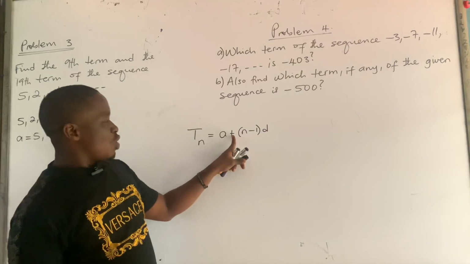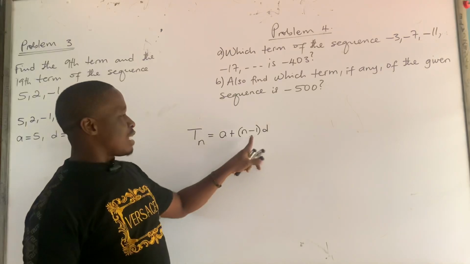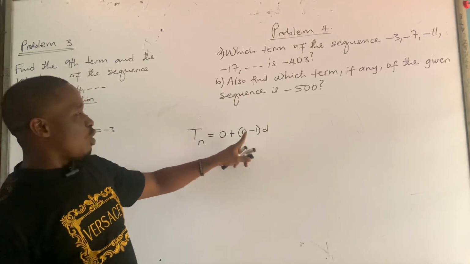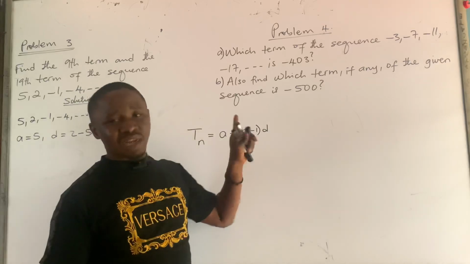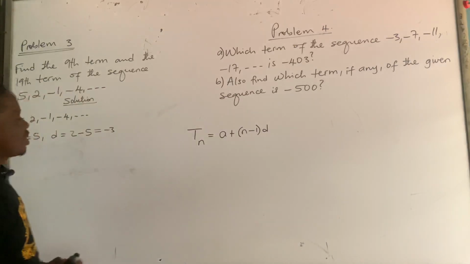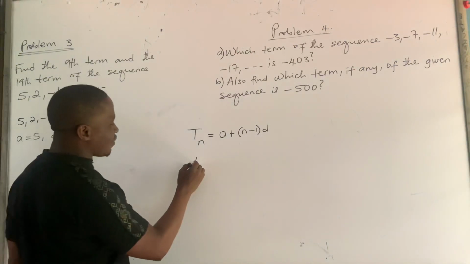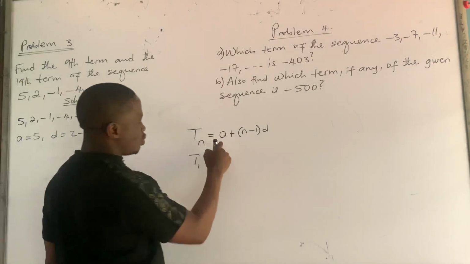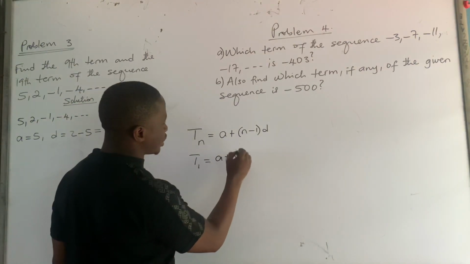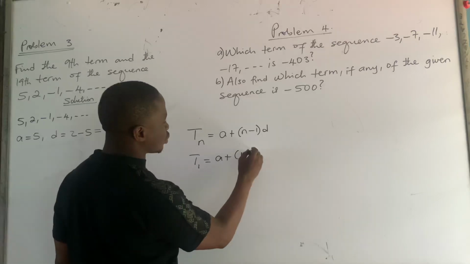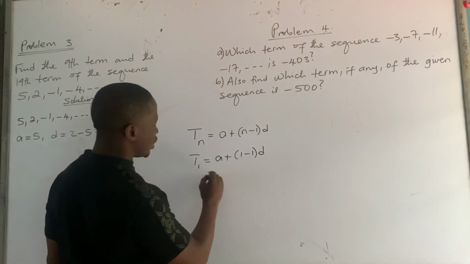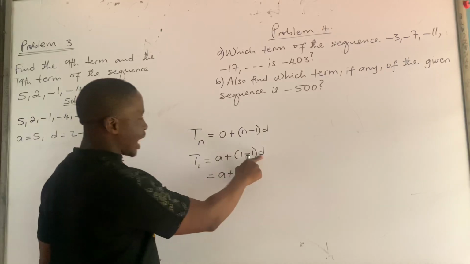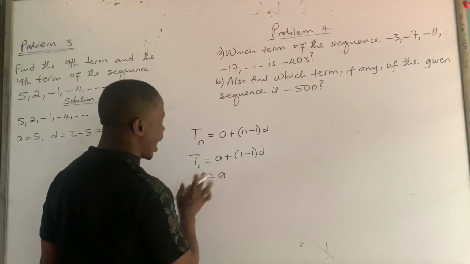The sum of the first term and the product of the common difference and the difference of the number of terms and 1. All right. But if you are to find the first term, 1 is going to replace n. We say A plus 1 minus 1 times D. So A plus 1 minus 1 is 0. 0 times D is 0. So we only have A.